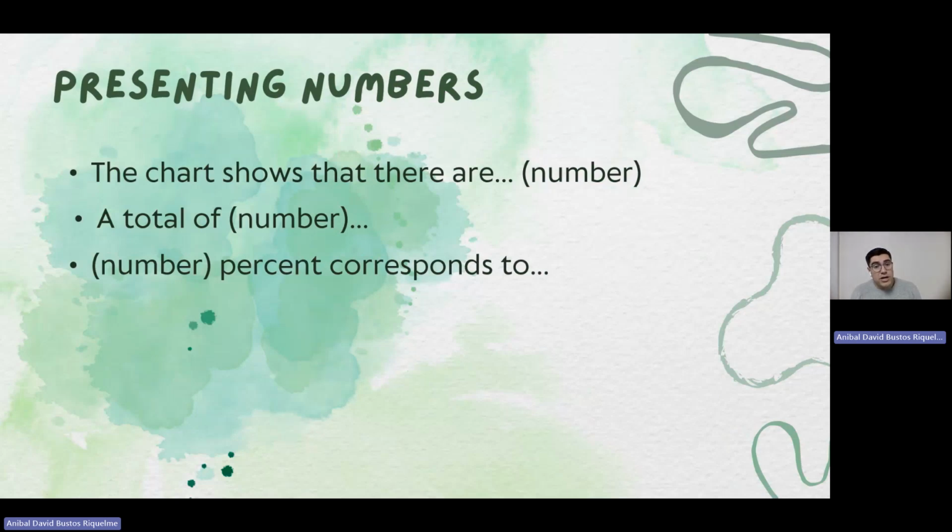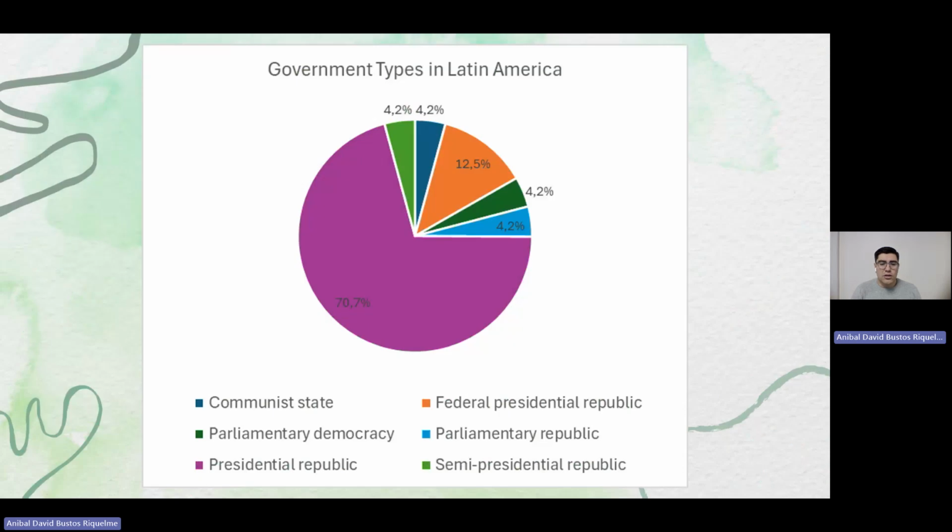We can also talk about numbers. For example, the chart shows that there are, muestra que hay, what do we have here? So we can say the pie chart shows that there are 1, 2, 3, 4, 5, 6 different government types in Latin American countries.